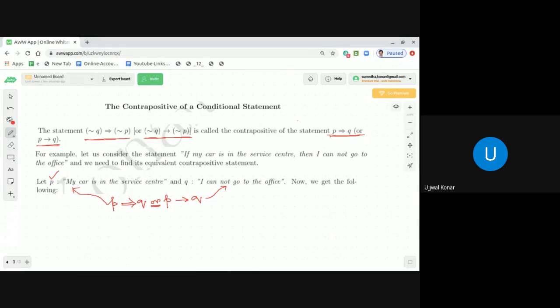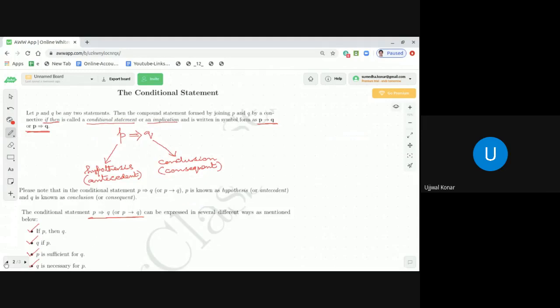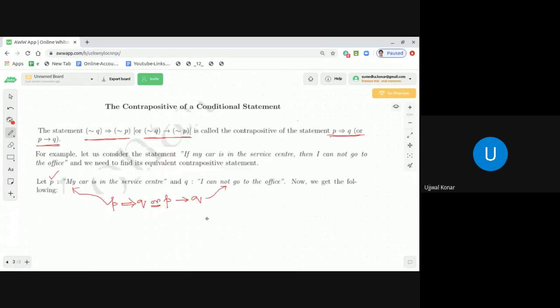Or Q if P, if you remember the previous session: Q means I cannot go to office if my car is in the service center. We also discussed that P is sufficient for Q. That means if my car is in the service center, that is sufficient to conclude that I cannot go to office.